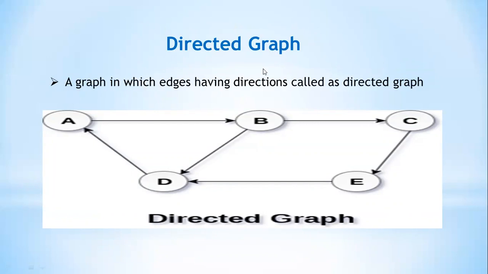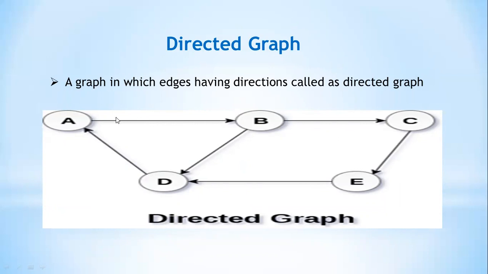One is directed graph. So directed graph means what? A graph in which edges have a direction. Here you can see different edges and the arrow is mentioned, either a forward arrow or a backward arrow. So a graph in which the edge has some direction mentioned is called a directed graph.